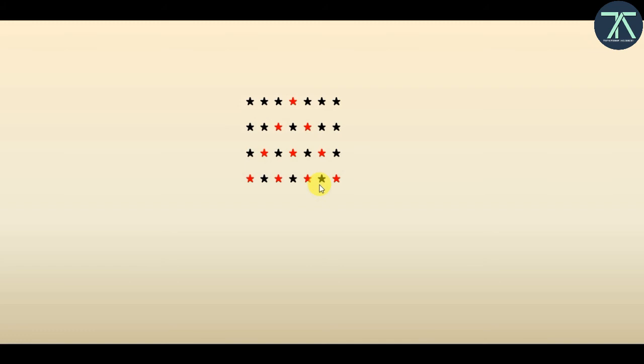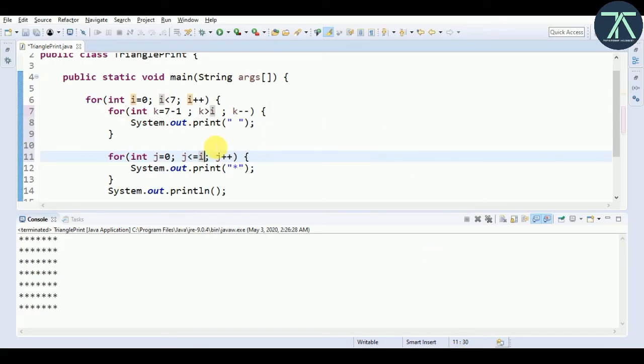So each row contains a specific number of stars based on the row number. The same thing we are going to do here. This for loop will print the exact number of stars based on the row we are printing. After the star we are going to print another space. This space replaces the black stars after each red star.